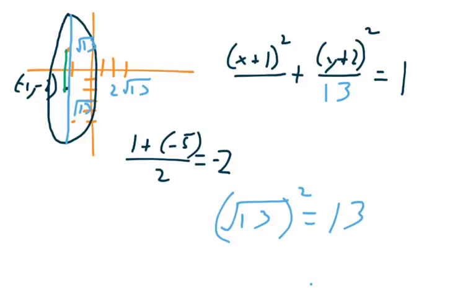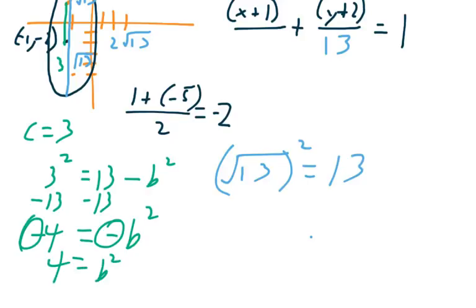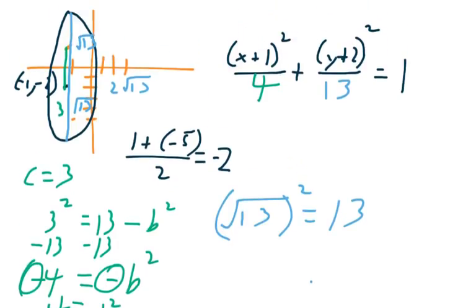So from -1, -2 to -1, -5 is 3, which means c is equal to 3. So a squared minus b squared is equal to 3 squared, which is 9. Subtract 13 on both sides, and -4 is equal to -b squared. This negative and this negative both become positive, so b squared is equal to 4. And so b squared is the one underneath the x this time. And so there's our answer.